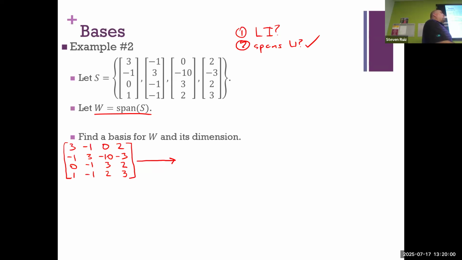Now, once you add rows together, something got overwritten. Would you like to add row 2 and row 4? It feels like a good idea. Where do you want to put the result? In 4. So 3, -1, 0, 2.